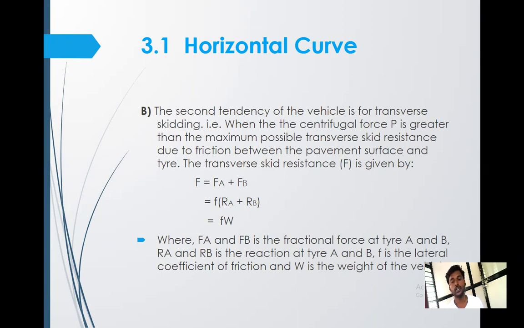When will the transverse skidding happen? It depends on the frictional resistance between the pavement and tire. If the frictional resistance between pavement and tire is less than the centrifugal force, then what will happen? There will be skidding of the vehicle.